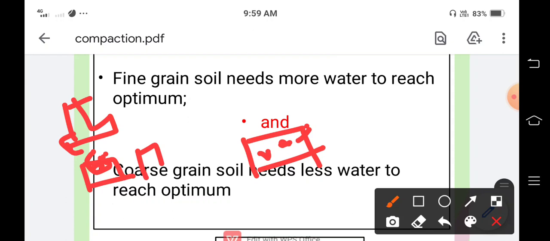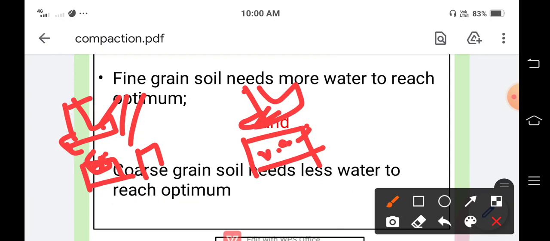It will require more compaction effort, giving more number of compaction blows, or more number of this dynamic load. And the gravel soil sample mass requires less water, and requires less compaction effort, with fewer number of blows.